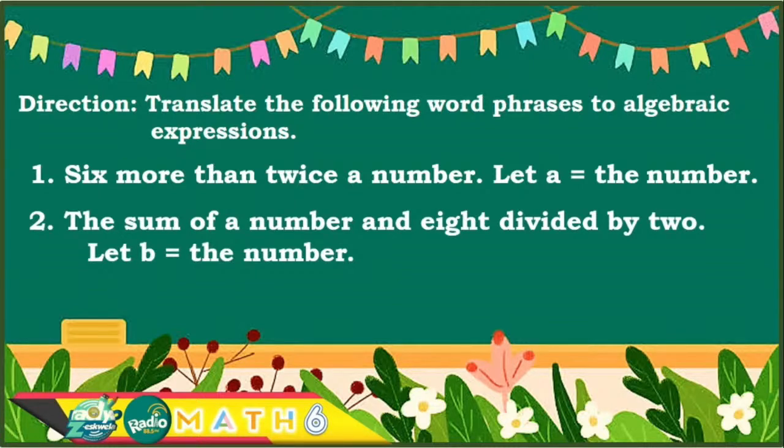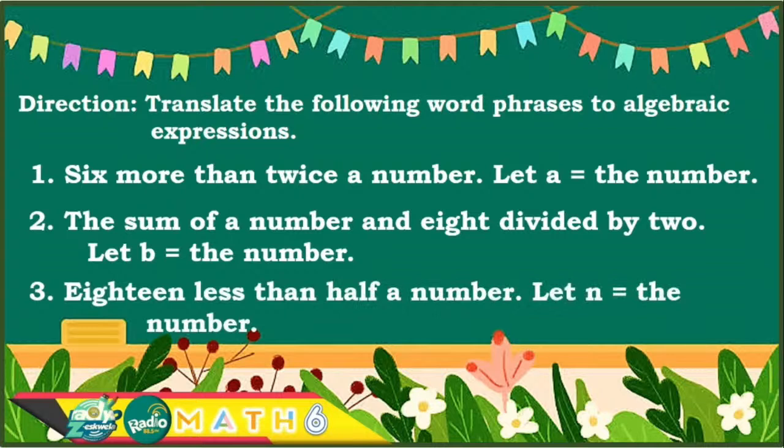Let B equal the number. Number 3, 18 less than half a number, and let N equal the number.